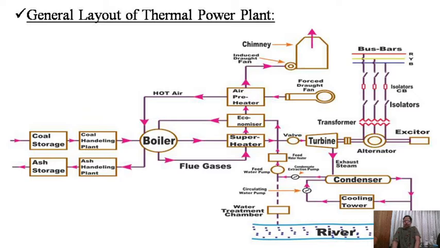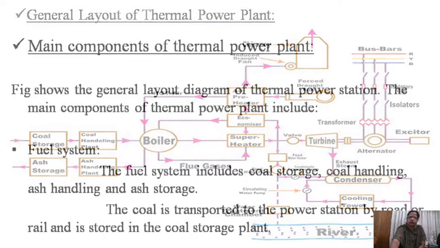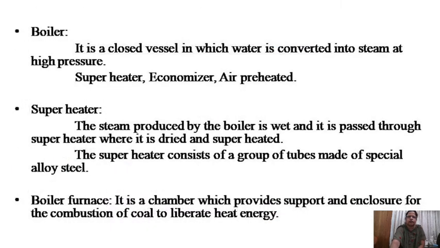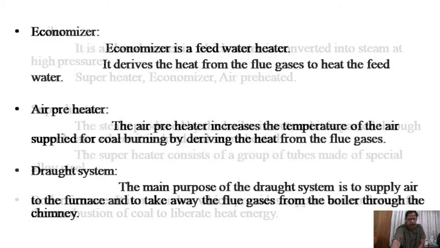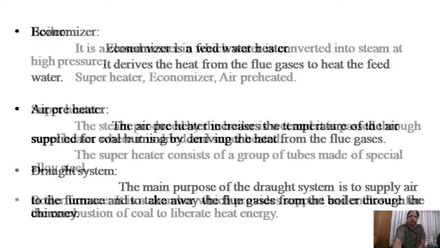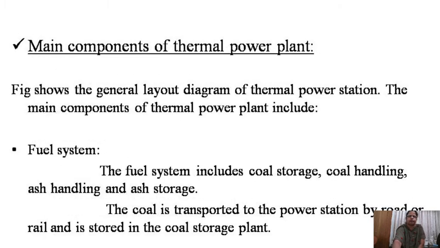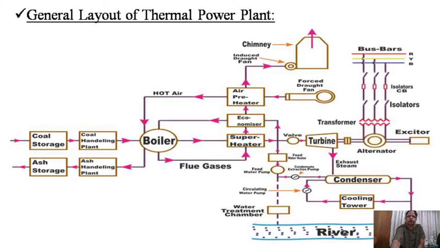Next one is the boiler furnace. It is a chamber which provides the support and enclosure for the combustion of the coal to liberate energy. Next is the economizer. The economizer is a feed water heater.